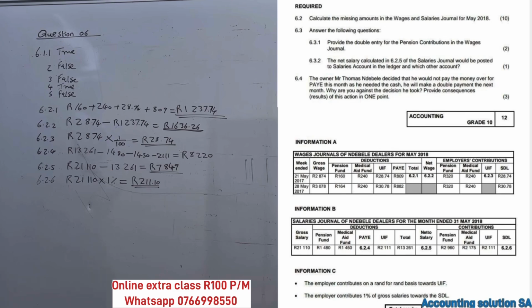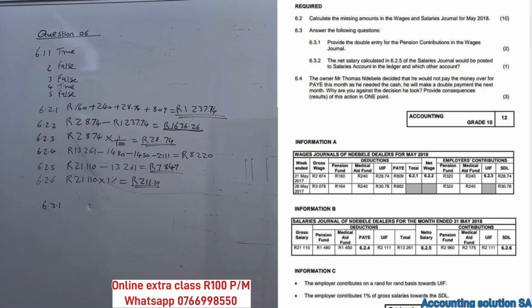They say we have to provide the double entry for pension contribution in the wage journal. This is question 6.3.1. A journal, guys, is just to indicate which one is debit and which one is credit.